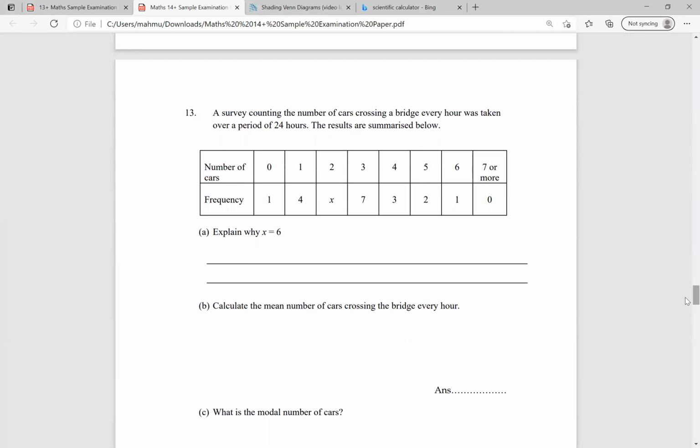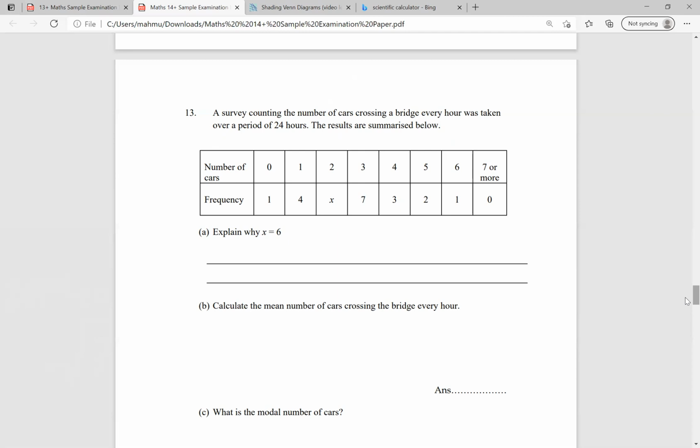Okay, this is the frequency. Explain why x is 6. What does the frequency need to add up to?